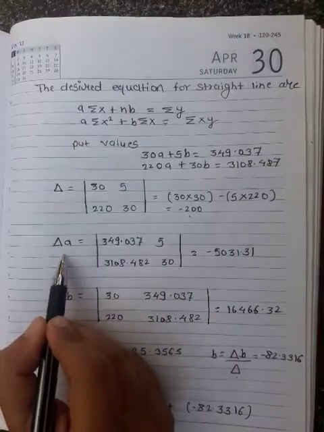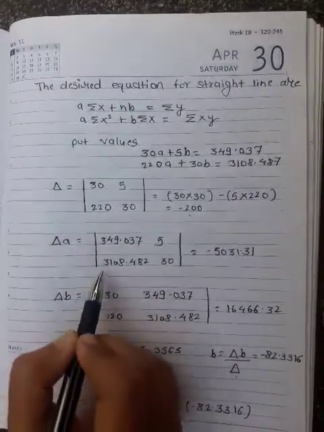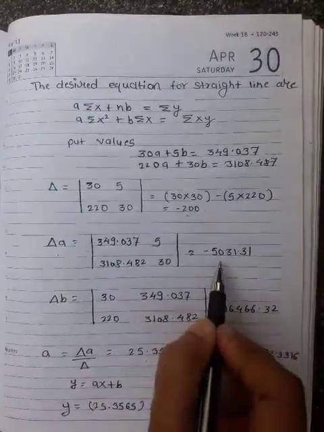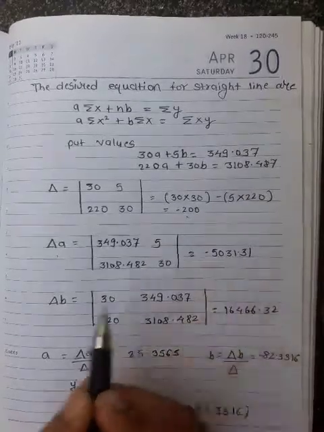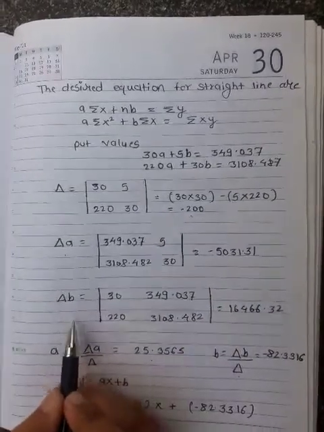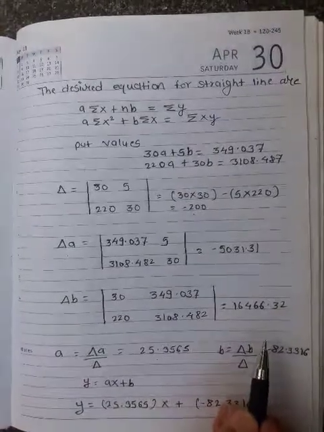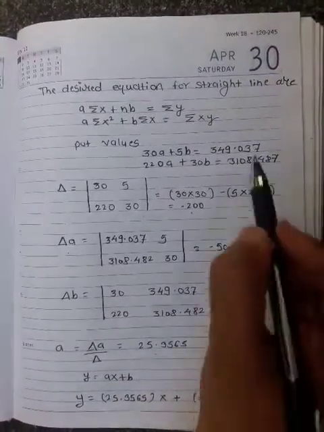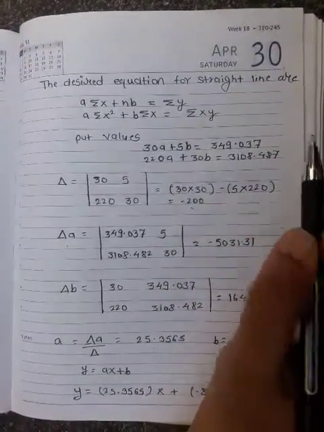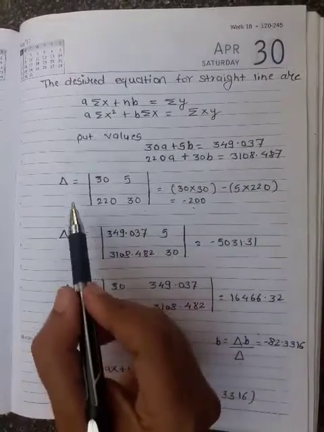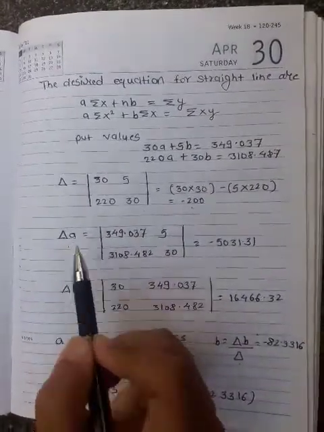Then similarly you have to calculate delta a by solving this determinant, and you will get the value of delta a. And similarly for delta b also, by solving the determinant you will get the value of delta b. So only these two equations you have to refer for finding out the value of delta, delta a and delta b.